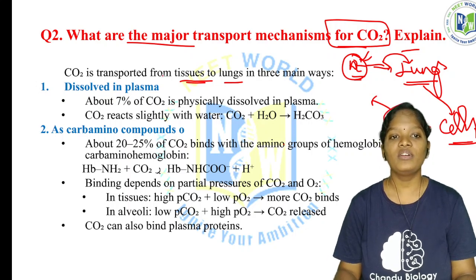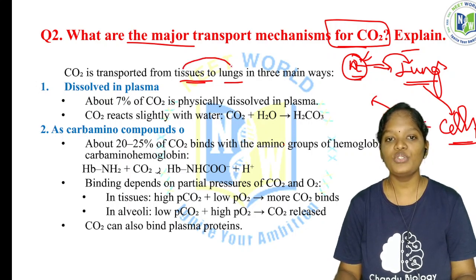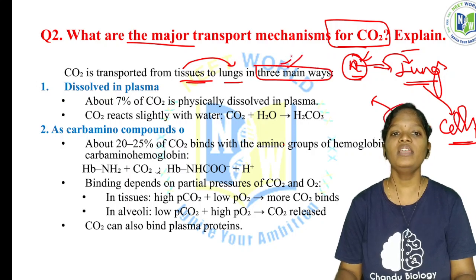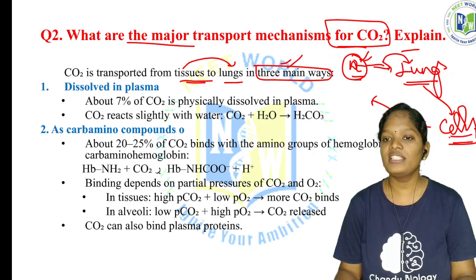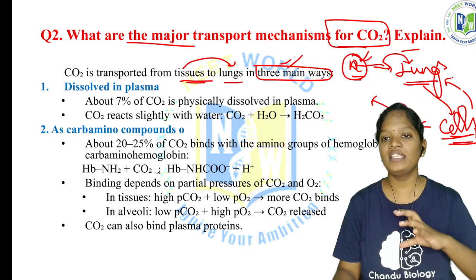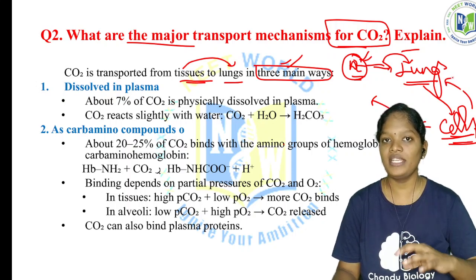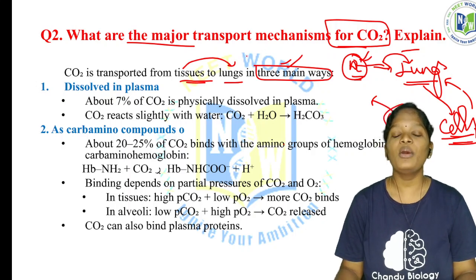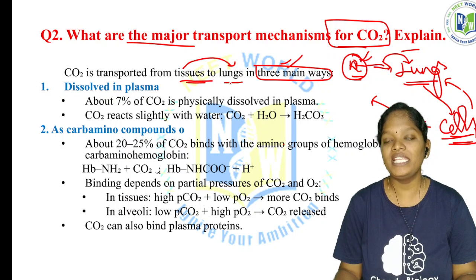A group of cells we call tissues. From the tissues the carbon dioxide has to enter the lungs, and only then is it expelled out in the process of expiration. Carbon dioxide is transported from the tissues to the lungs in three main ways.